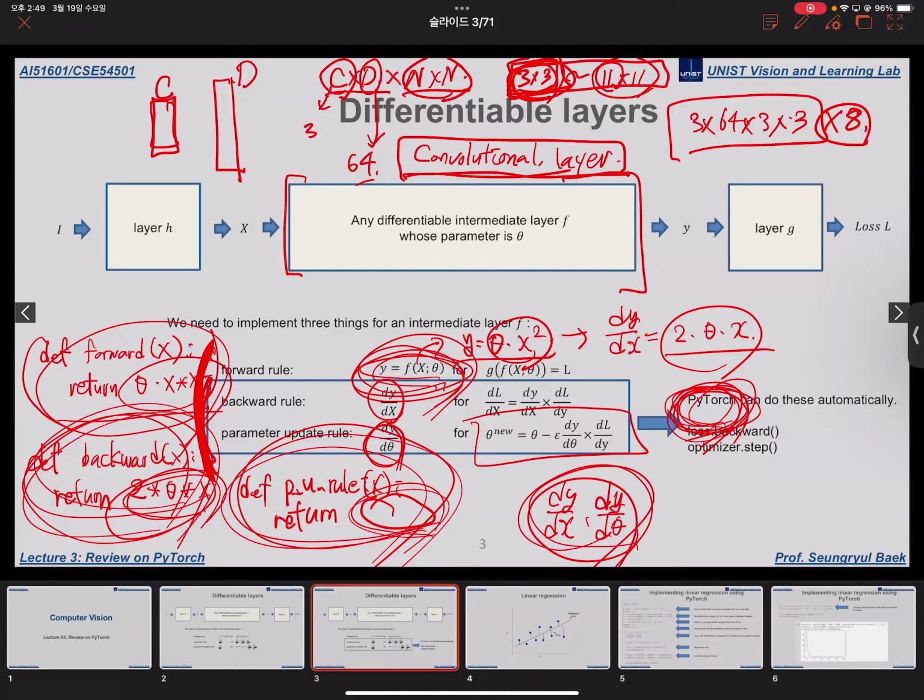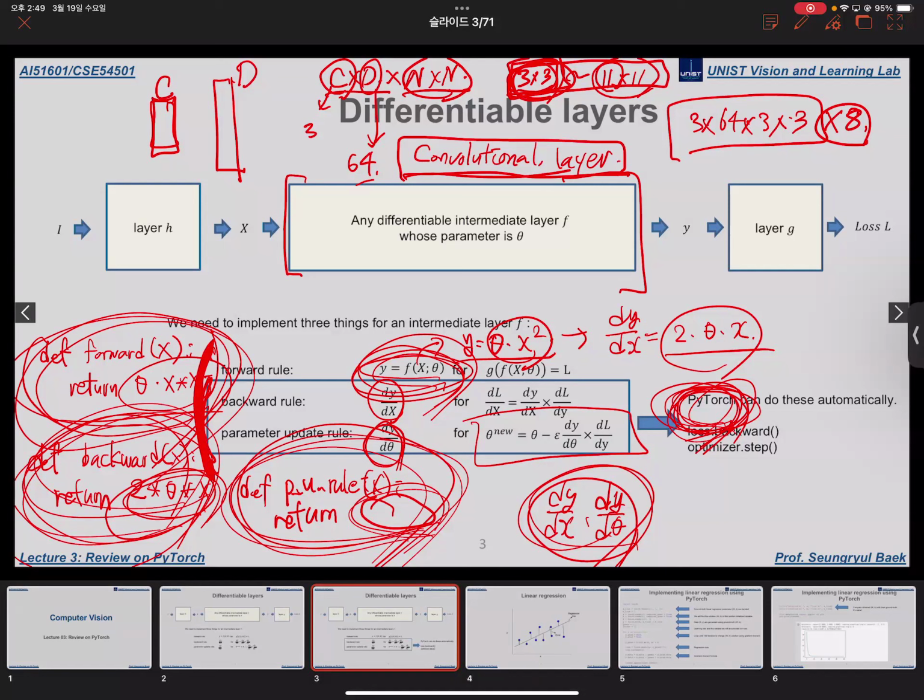So you don't have to re-implement this backward rule and parameter update rule given a different forward function. Okay, so you only implement one algorithm that can approximate calculating the gradient and can reuse that for any forward function. So PyTorch already implements that inside the library.